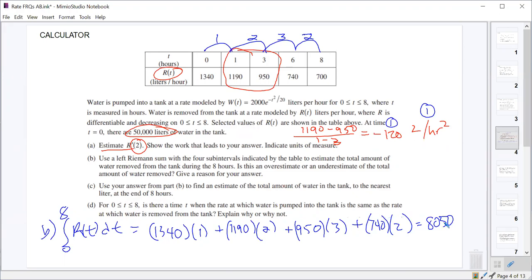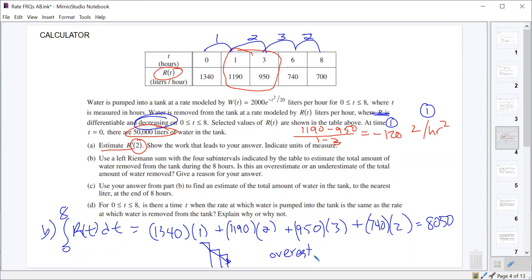And then it says, is that an overestimate or an underestimate? Well, the only way you can tell if a left Riemann sum is an under or an overestimate is if the function itself is increasing or decreasing, and it specifically says somewhere in here. There we go. R is differentiable and decreasing. So if the function is decreasing, a left Riemann sum will over approximate.